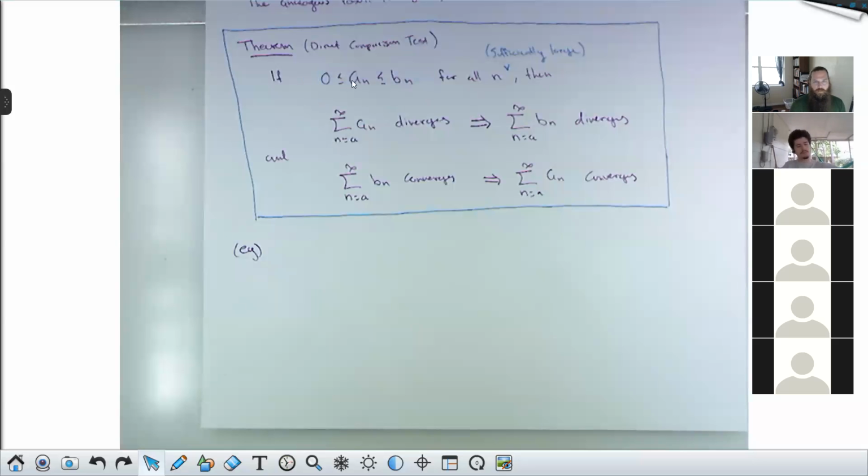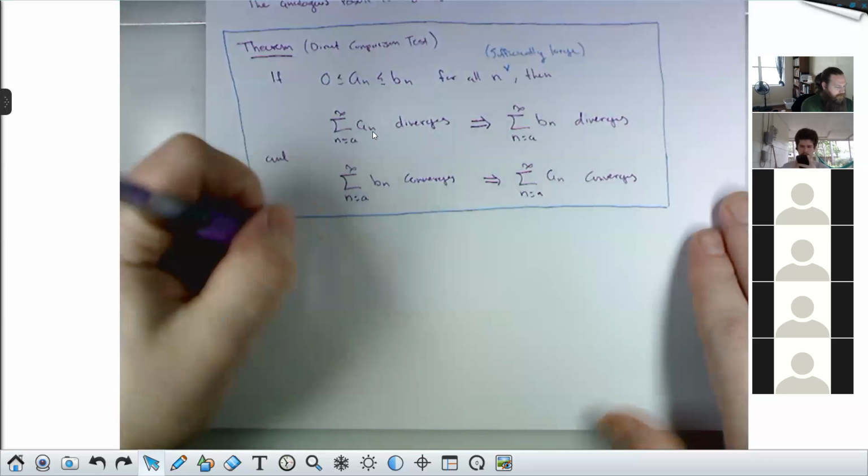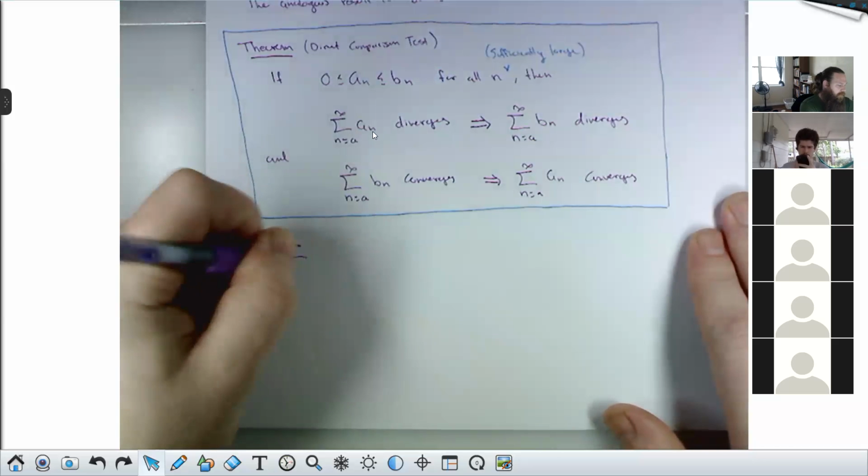So let me show you through an example, and I think you'll get an idea. Basically, we start just like with the squeeze theorem or with the other theorem for integrals. You start by constructing this inequality, and then you make an observation about one of the two and deduce something about the other. So I think examples are our friend here.